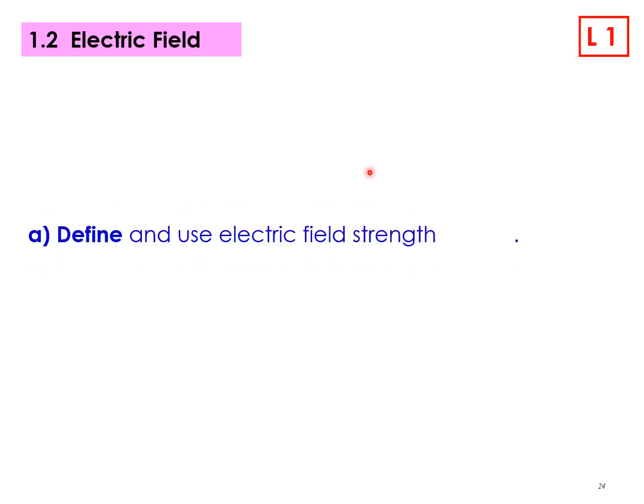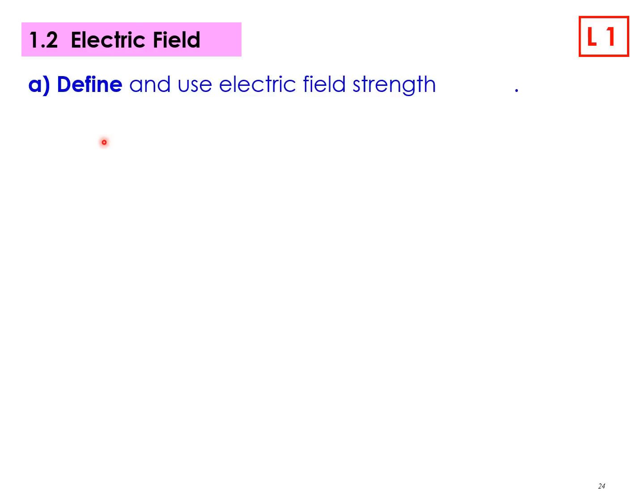Okay, now we proceed to 1.2, which is electric field, and under this we have 1.2a, define and use electric field strength. Have you ever heard the word electric field? Do you know what is the meaning of electric field? Let me tell you.